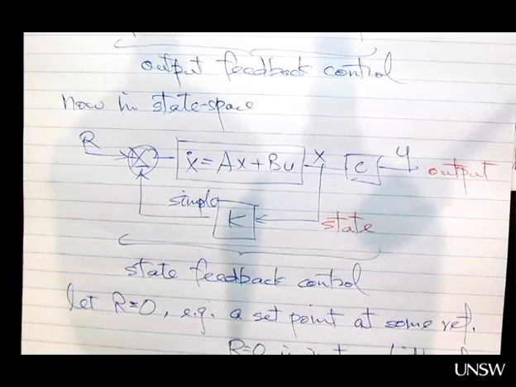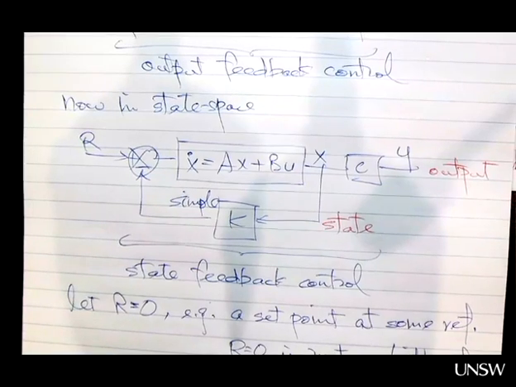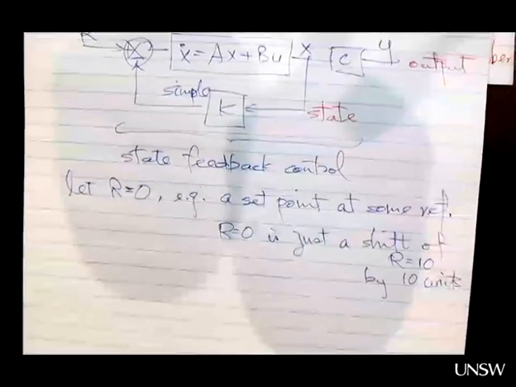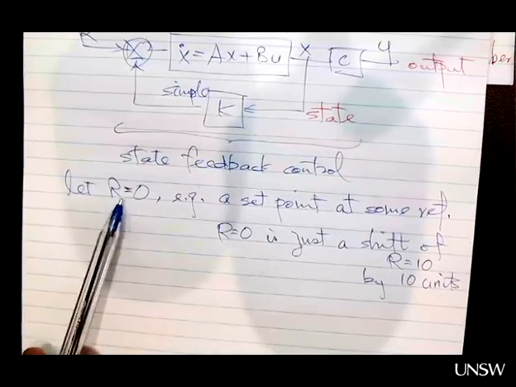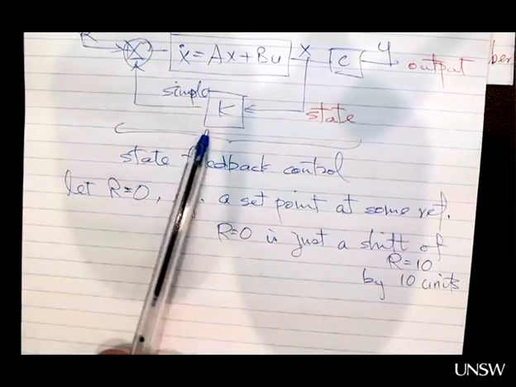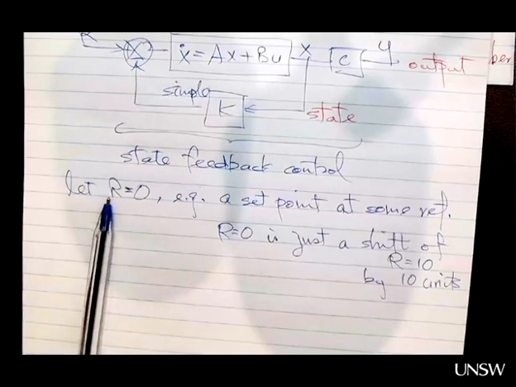We just shift by 10 units. Later on, we will look at if R is not 0, right? So we start from the simple case. First of all, the feedback is just a gain factor. And then the second simplification is that the reference is 0. Okay?